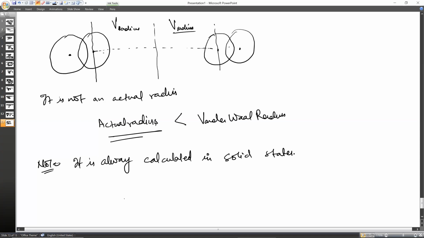Now, the relationship between the covalent radius and the van der Waals radius of a non-metal. What is the relationship between the covalent radius and the van der Waals radius? Note it down.